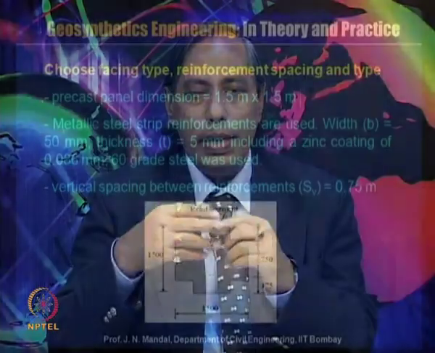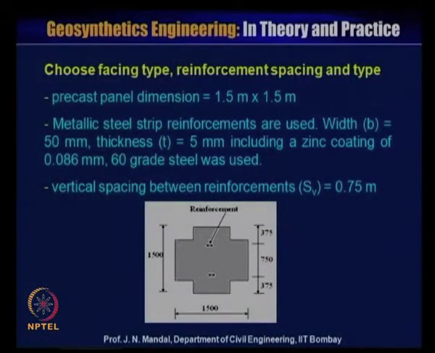Different manufacturers have different types of panel, but in case of metallic reinforcement, the majority use this cruciform precast concrete panel. You should also know the metallic strip of the reinforcement, and each strip has a width.